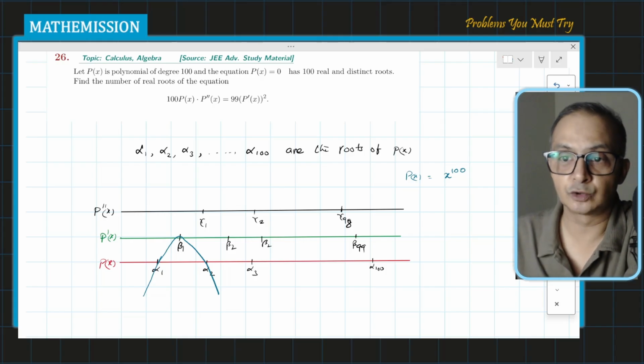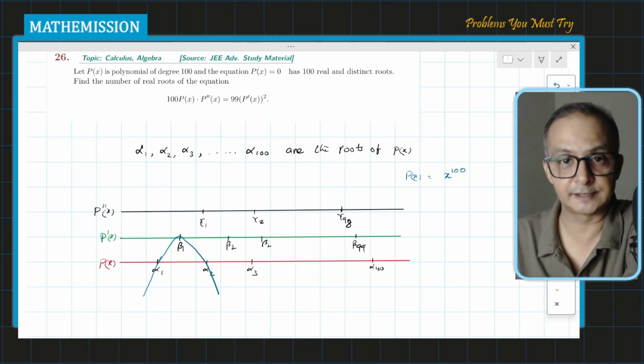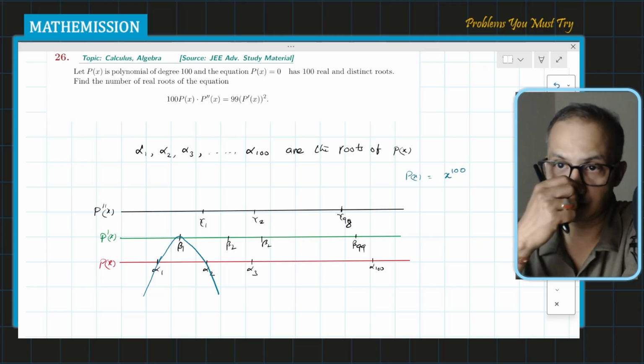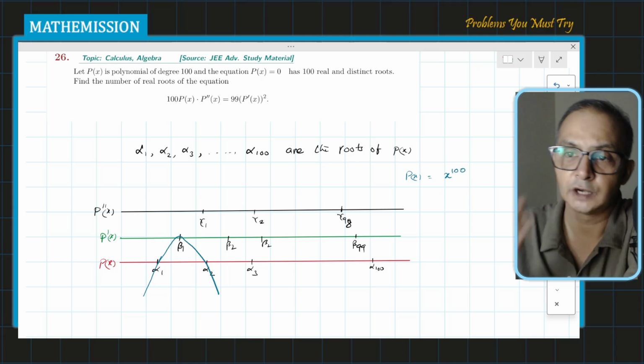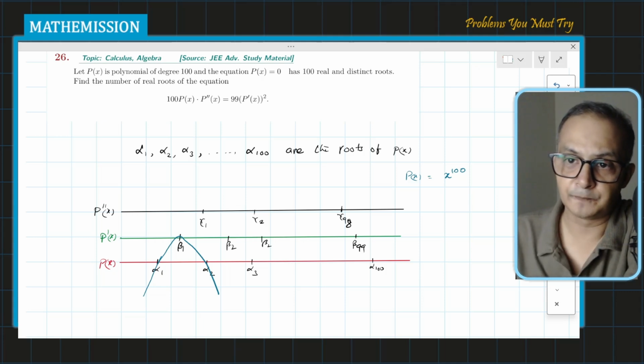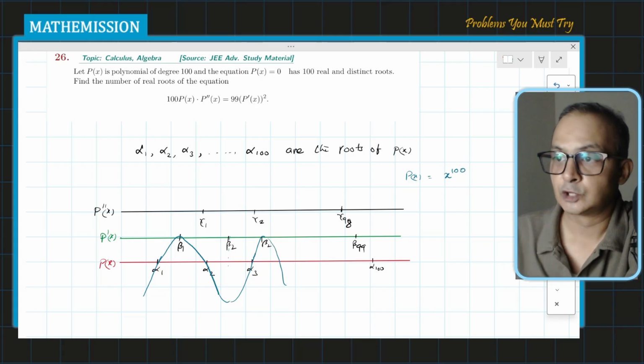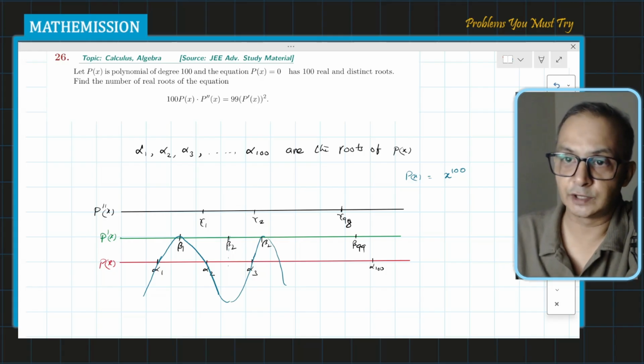So between any two consecutive roots of p(x), p dash x has at least one root. You know this fact. Here alpha 1 and alpha 2 are the roots, so at beta 1 this will be like this. Between beta 1 and beta 2, at beta 2 let us say it's the minimum value somewhere, and again it will go up, again it will attain its maximum, again it goes down, and so on. Between beta 1 and beta 2, gamma 1 is there at this point somewhere.